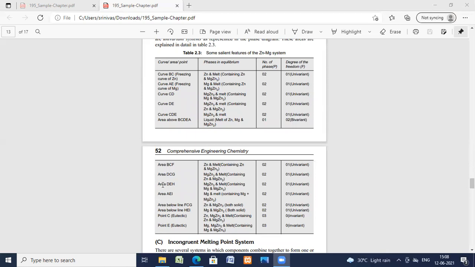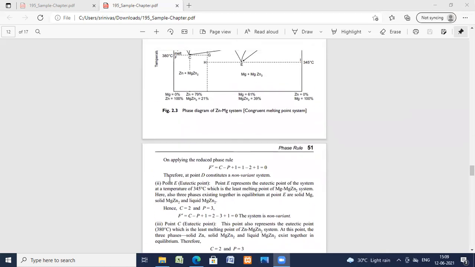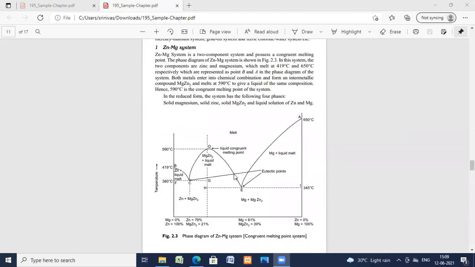Now area DEH. BCF is completed, DCG is completed.